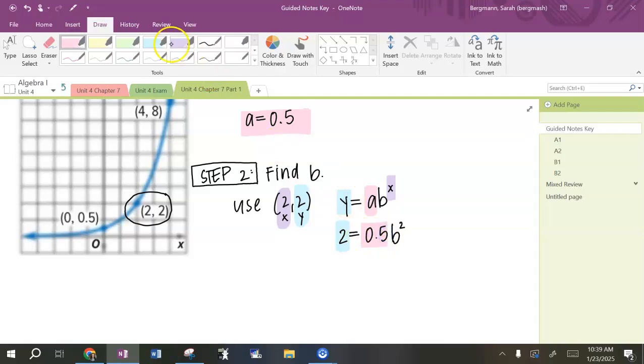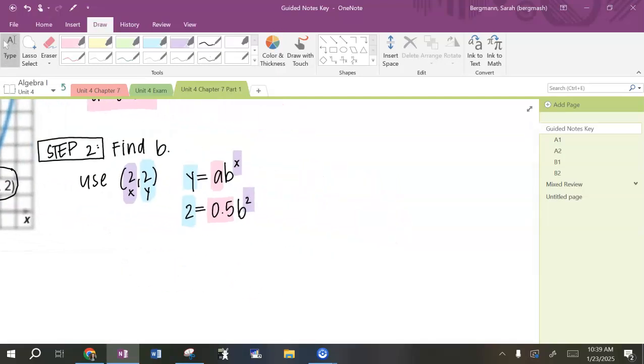You plug in the x, the y, and the a. Now you have to solve it for b. Just like with linear equations, when you're solving, you use PEMDAS backwards. You follow those steps backwards because you're trying to undo everything.